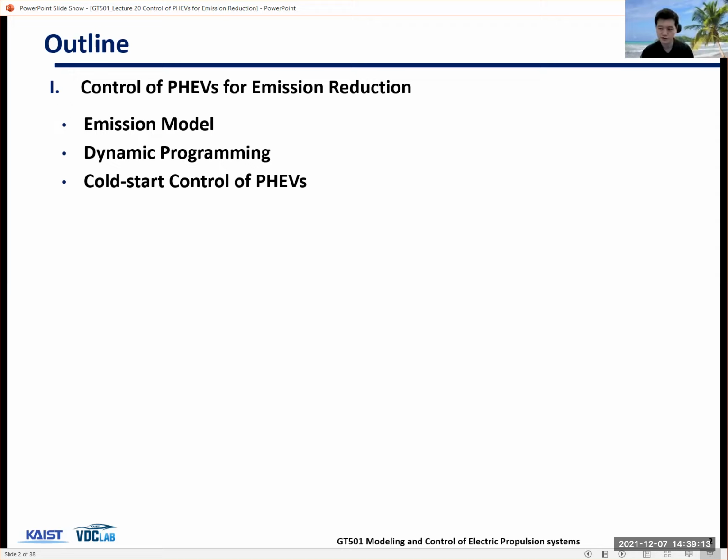We might get some insights and optimal strategies from the DP results, and we can also see performance limits. And then the last part is to design a real-time controller based on these studies. Okay.